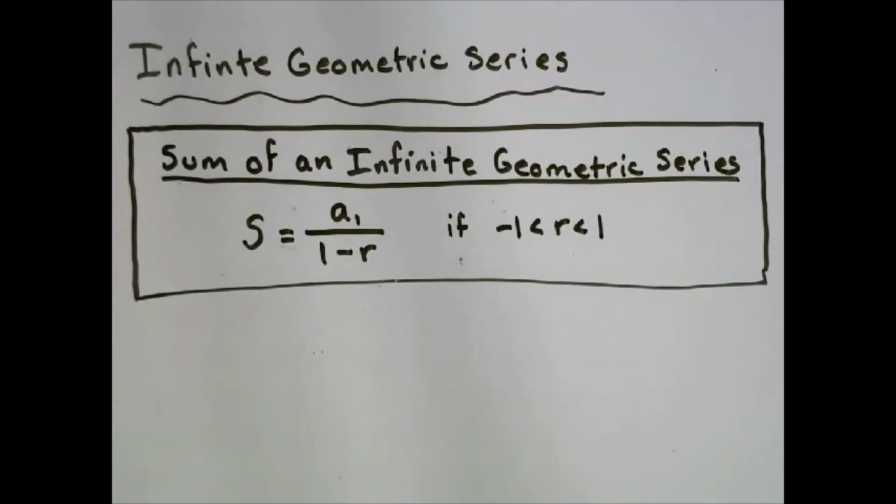Now, some of you are sitting here going, no, we're adding an infinite number of things. You can't add an infinite number of things and get a finite value. So I'm going to show you an example that, if you are not convinced, hopefully will convince you.